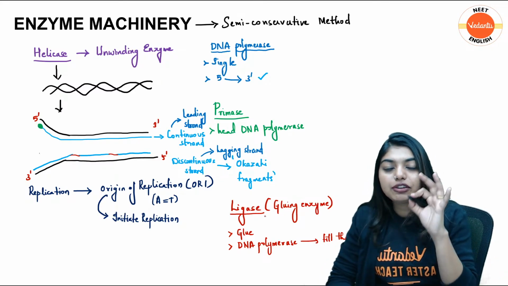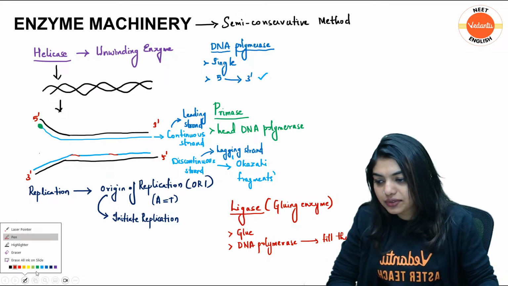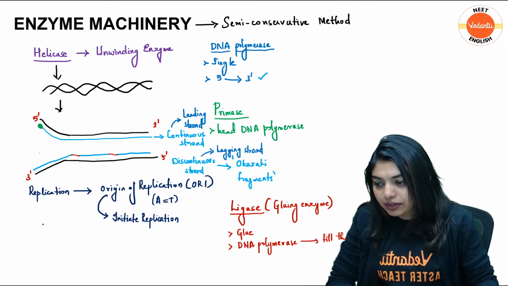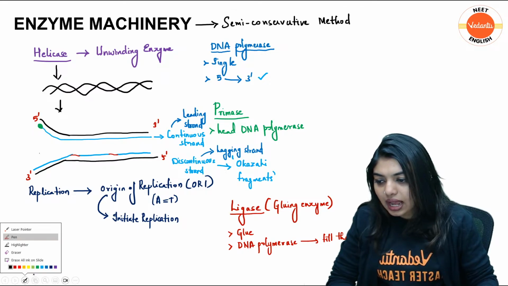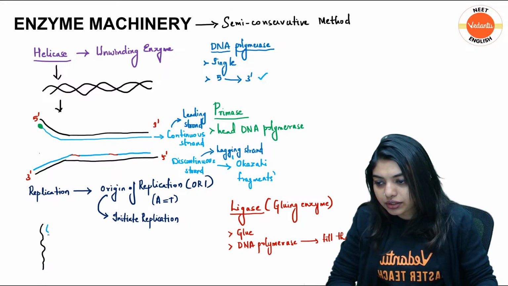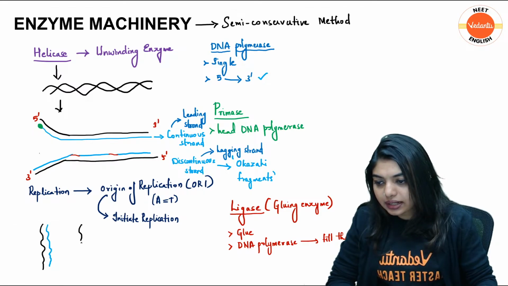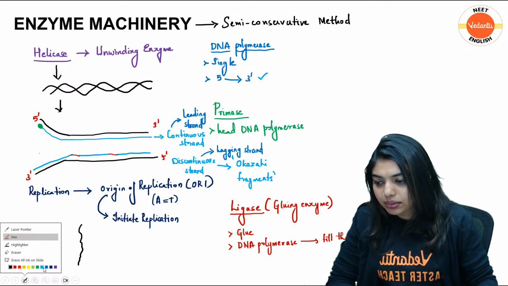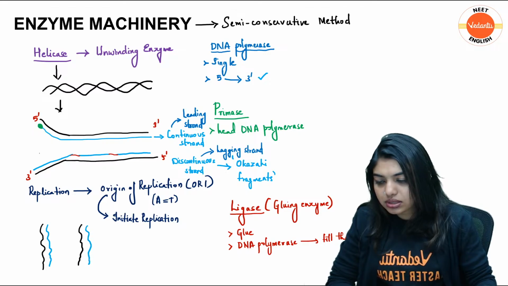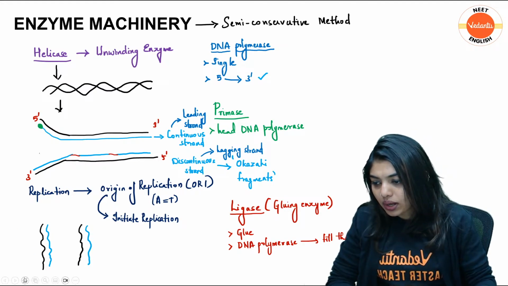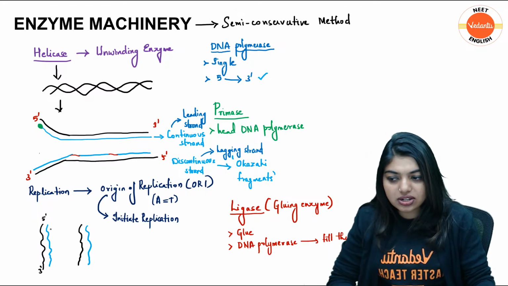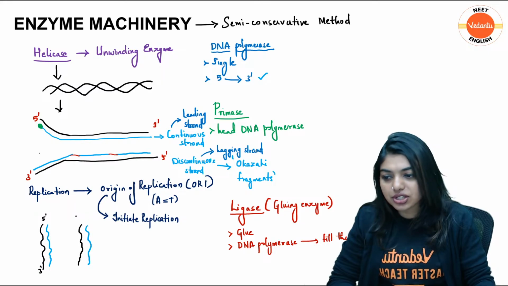So finally we form strands. What did we form? We formed a parent DNA and we formed a daughter DNA. Again we formed a parent DNA and a daughter DNA. Yes or no? One is from 5' to 3', and this is from 3' to 5'. This strand, 3' to 5', is a continuous strand.